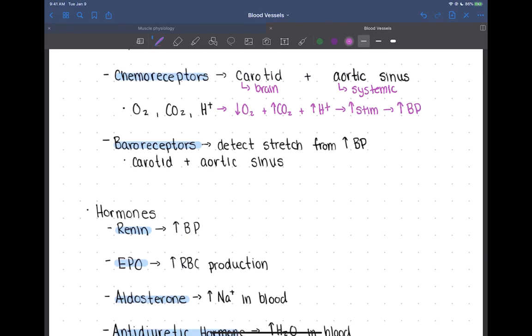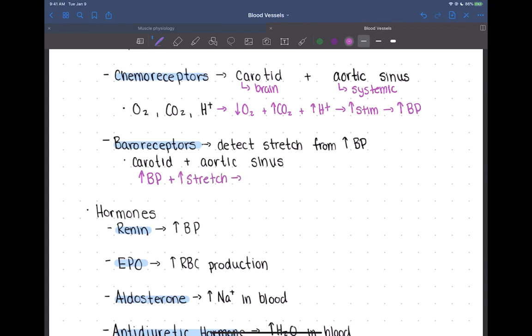So these baroreceptors are located in the same place as our chemoreceptors, all right? And so let's say they detect an increase in blood pressure, which would mean an increase in stretch.